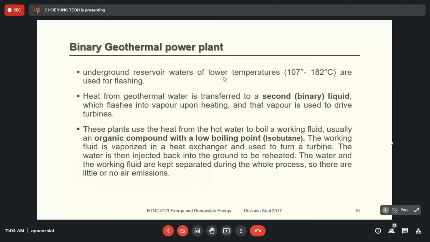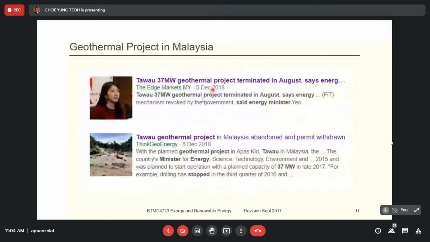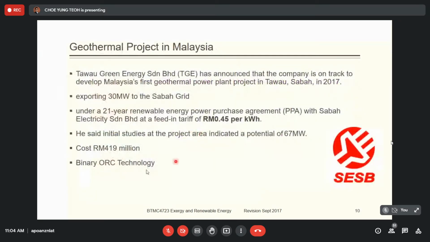Remember that we saw the plant in Malaysia, they call it binary or ORC technology. Okay, they use a binary cycle which uses a secondary fluid, and this is the organic Rankine cycle, or ORC technology. Of course, organic because they are using an organic binary fluid. And then the Rankine cycle is a thermodynamic process which is widely used for power plants, such as the coal power plant.